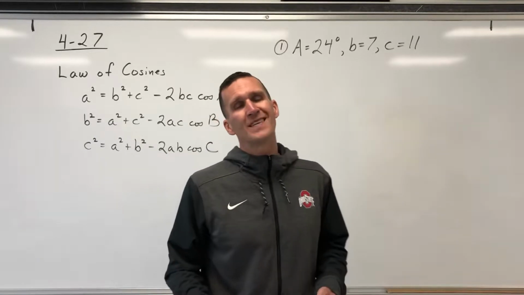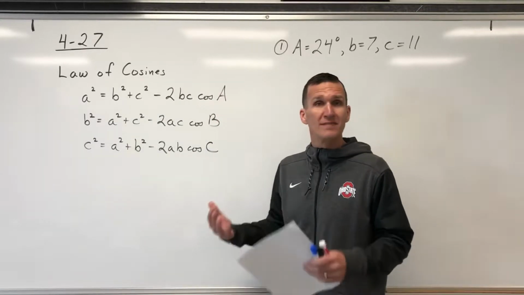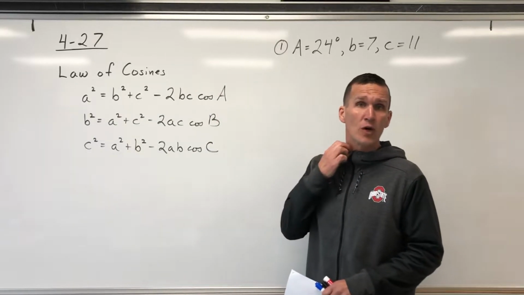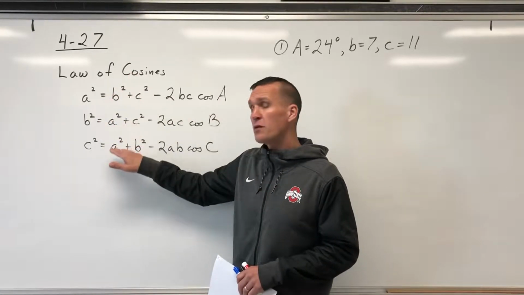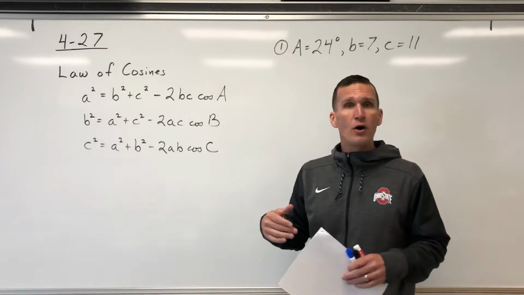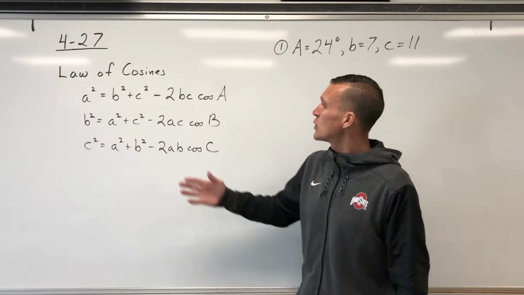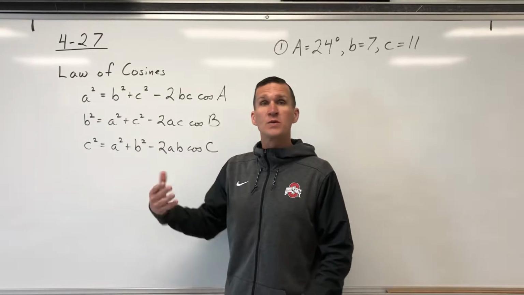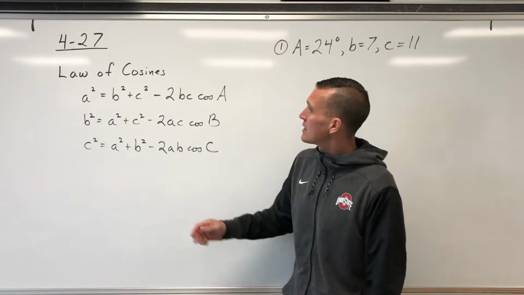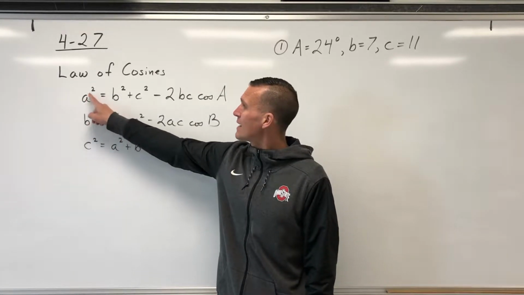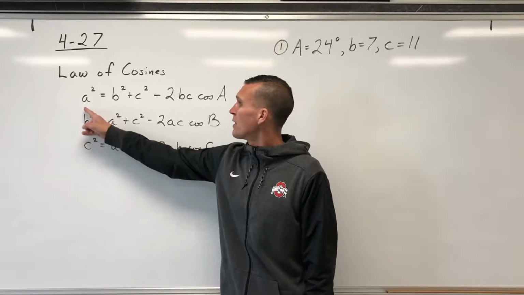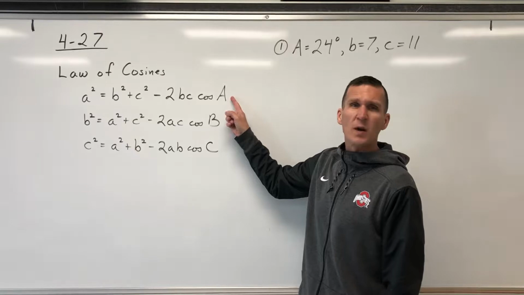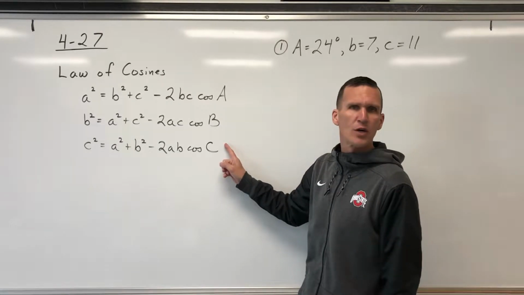All right, so today we're going to move on from law of sines and look at the law of cosines. The law of cosines is three different formulas, but they're all interrelated. Once you learn one formula, you use it the exact same way. It's basically a side squared, and whichever one you start with, its corresponding angle has to be after the cosine.